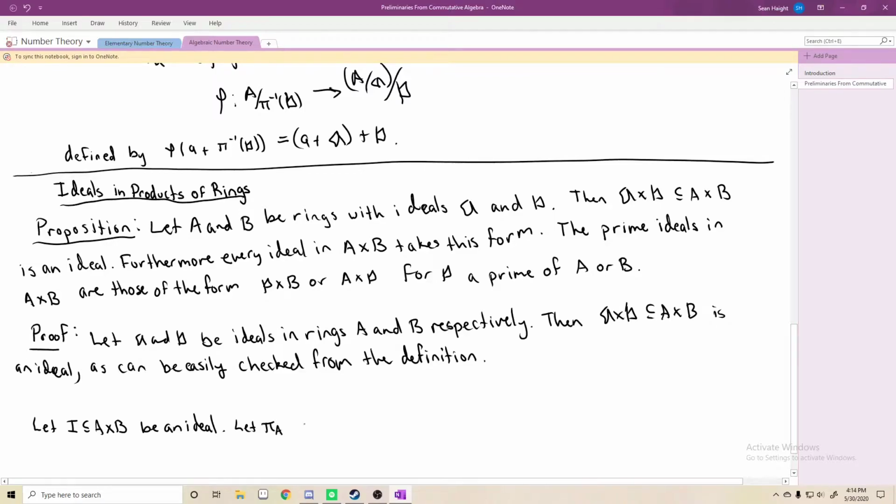Let π_A from A × B to A, and π_B from A × B to B. These are projection onto the first and second factors respectively.